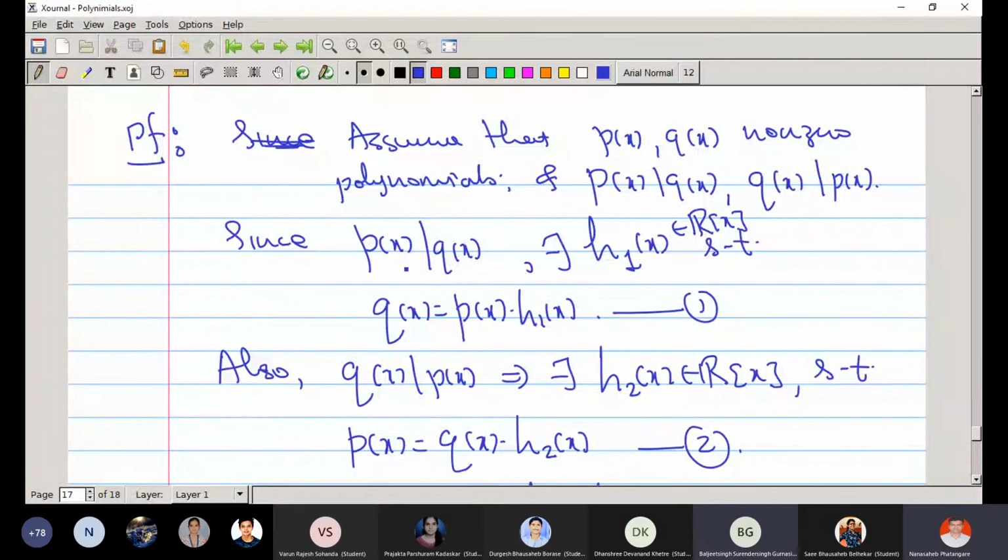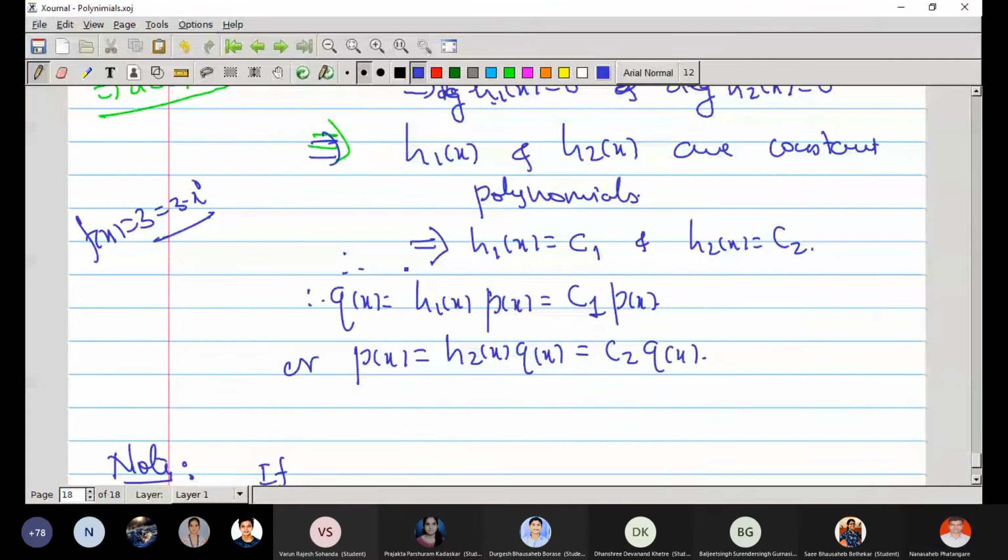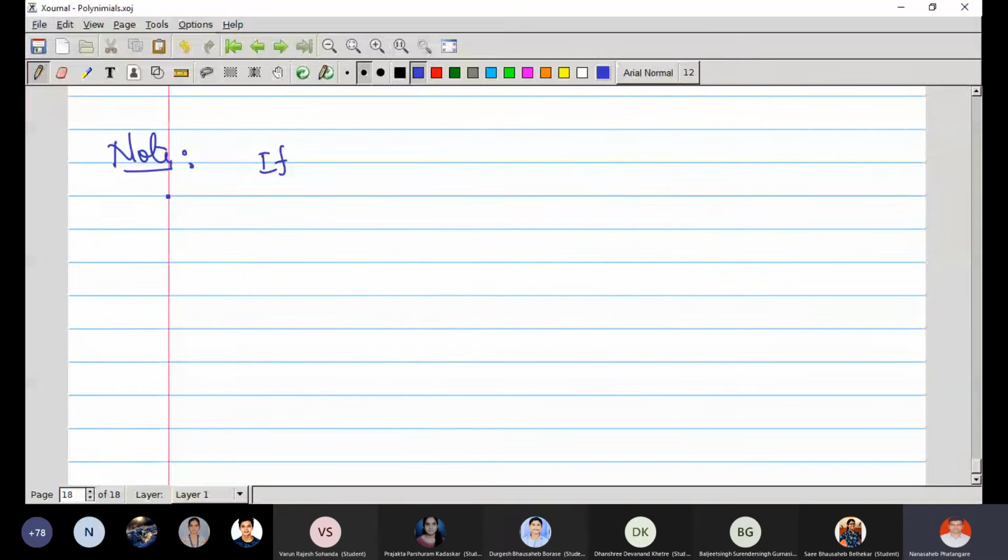So, now what is actually the situation if you compare with integers? Note, if m and n are non-zero integers, and m divides n and n divides m, then prove that m is equal to plus minus n, right?